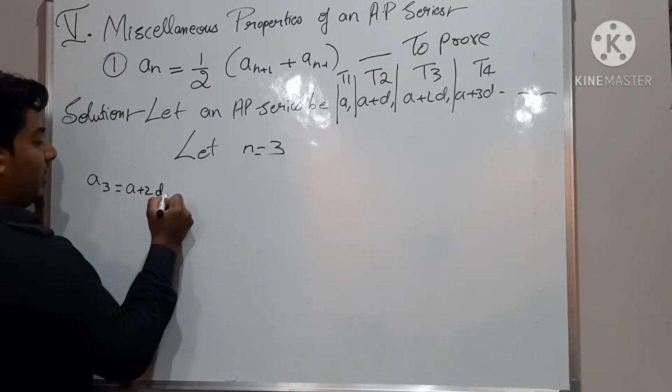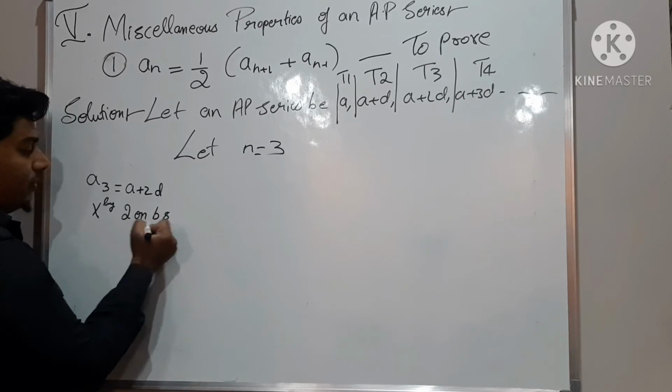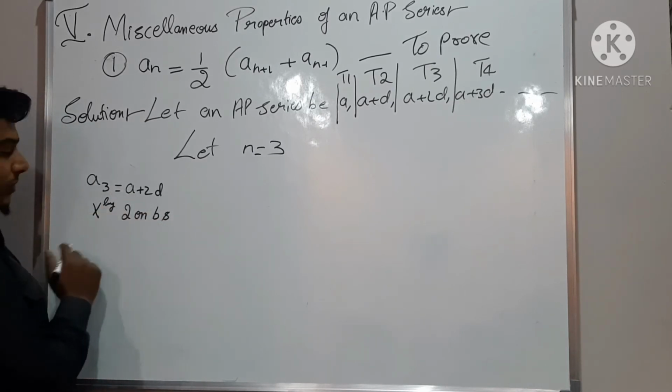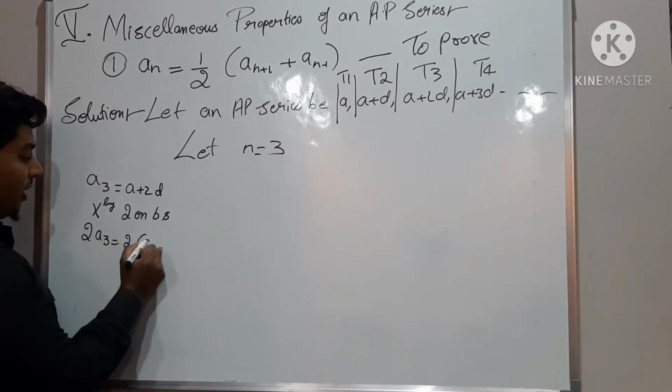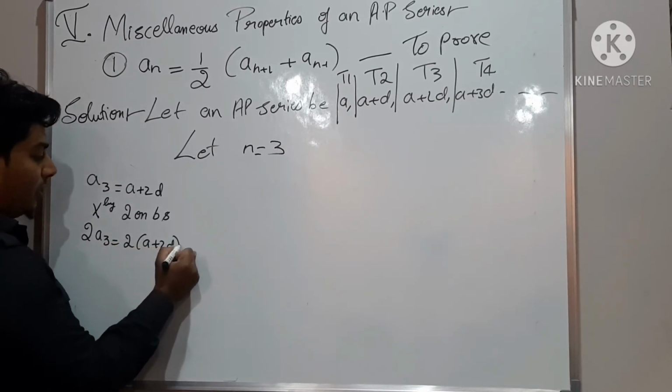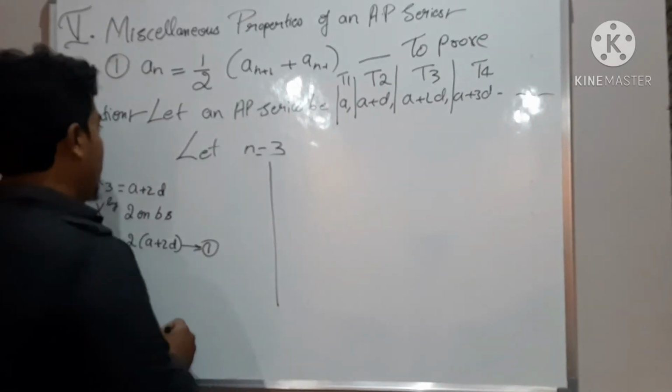Multiply 2 on both sides of the equation. We get 2A3 is equal to 2 times A plus 2D. Call it equation 1. This is the left hand side.